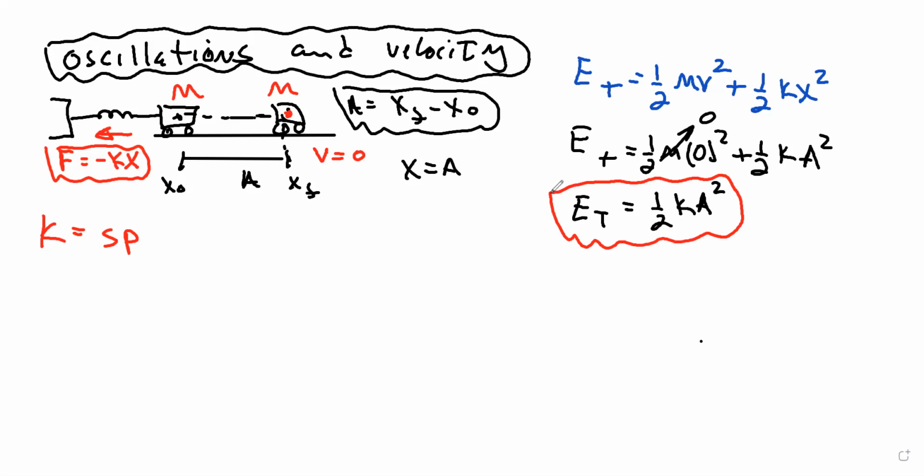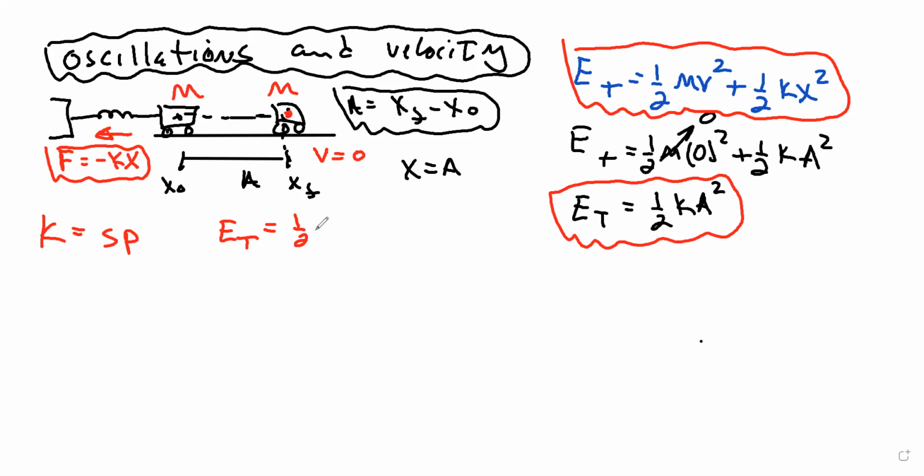And we can use this equation again, the one for the total energy. Now we have that the total energy is equal to 1/2 of the mass times velocity squared plus 1/2 of k, the spring constant, times x squared. But we know what the total energy is.